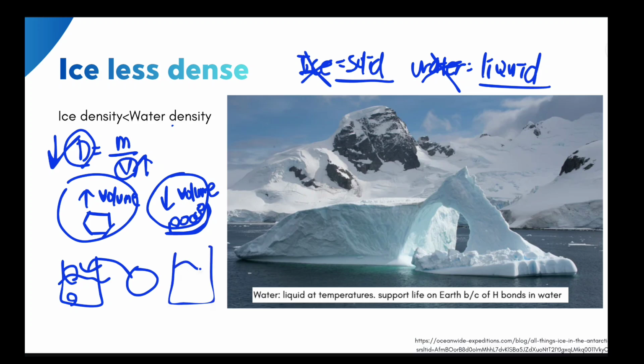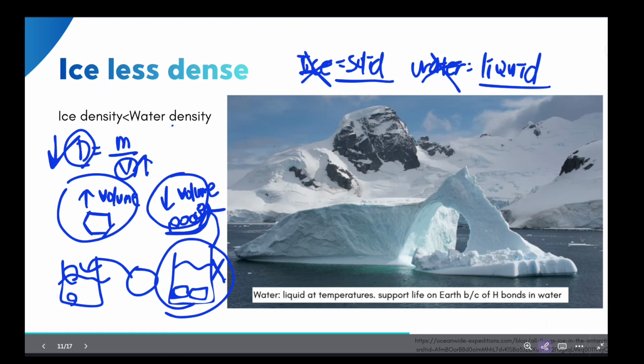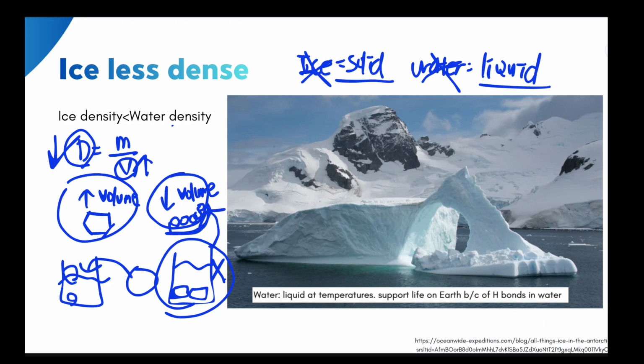But have you ever seen ice sinking in water? Never, right? The reason is that as the volume increases and the mass stays the same for both, the density automatically decreases. That's how the icebergs in Antarctica are able to float on water, because the density of water is greater than ice density.